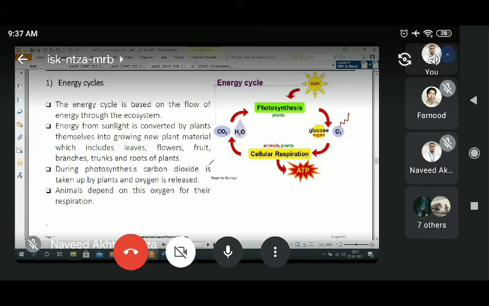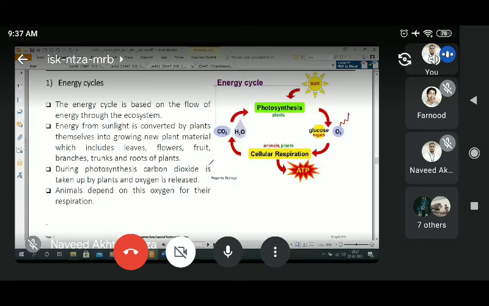At the same time, animals and plants respire and release carbon dioxide, and due to evaporation and other sources, water is also released, and the energy cycle is maintained.